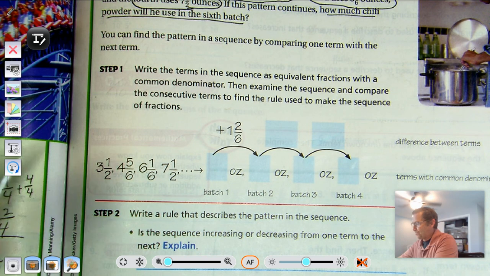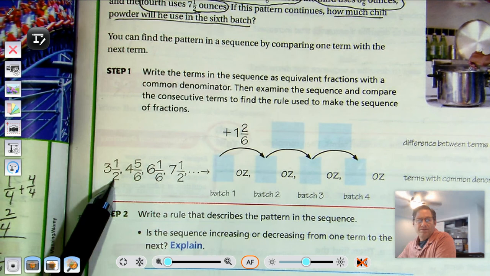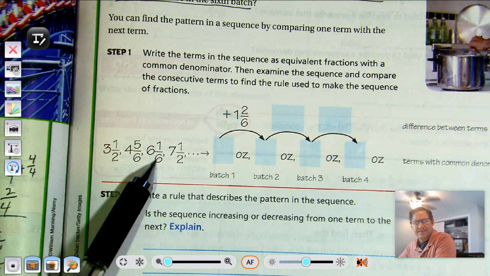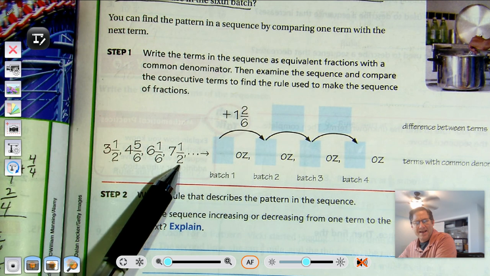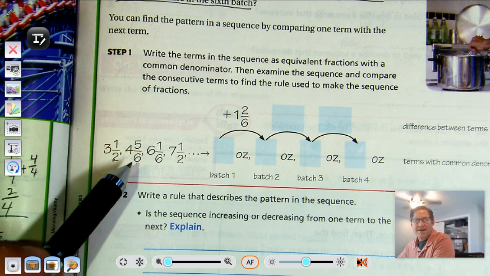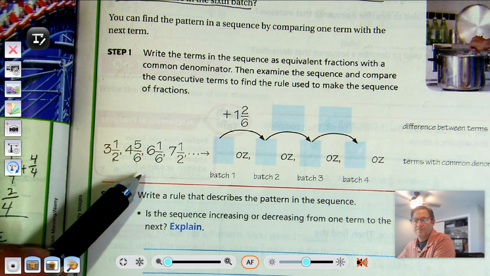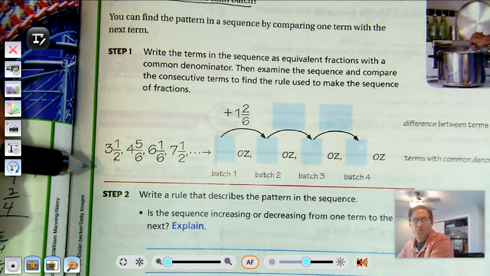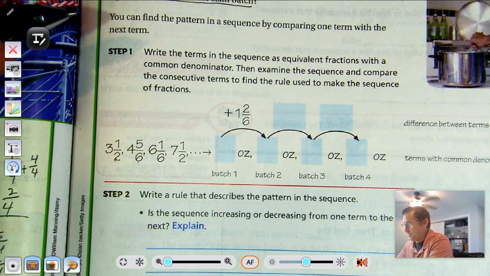So if we start at 3.5, and then it goes to 4 5/6, then 6 1/6, and then 7.5. Well, the halves to sixths might become confusing, and you might not recognize the pattern. So let's change it to the same denominators.